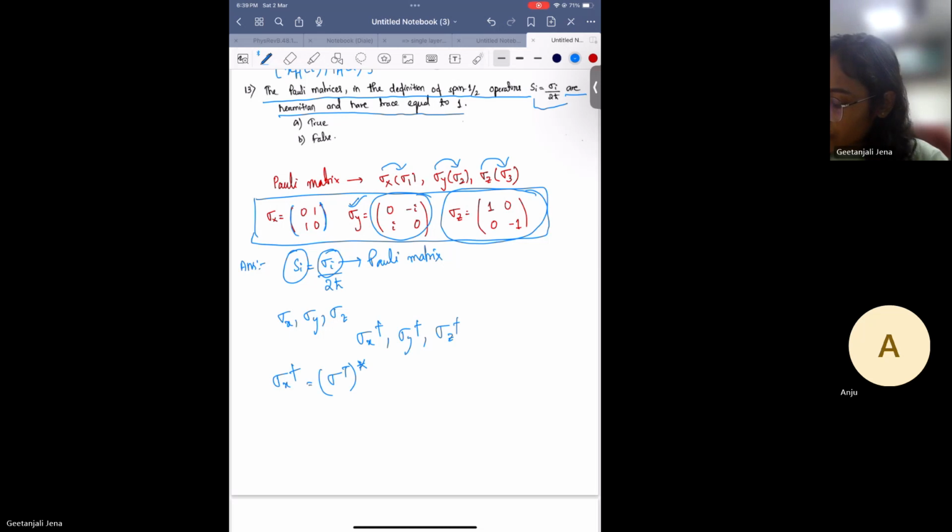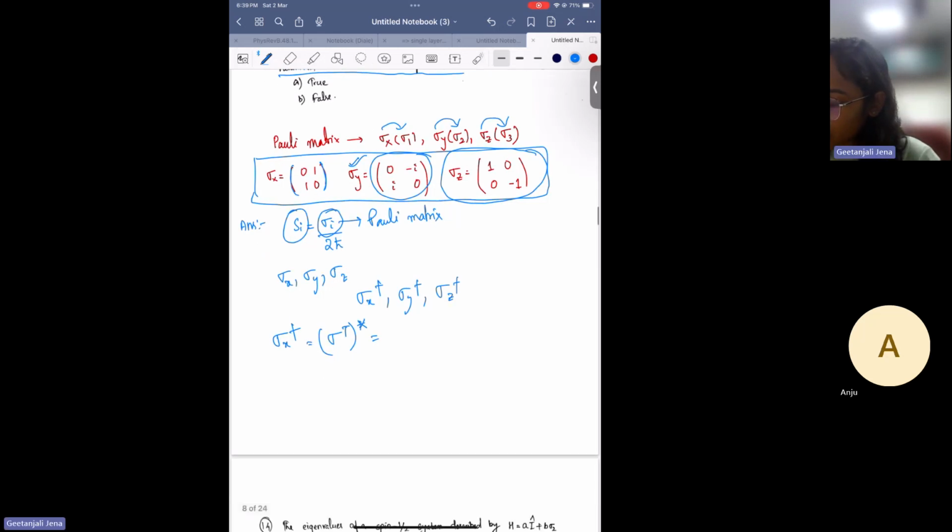So for the dagger of the sigma x matrix, if you take the transpose, it is 0, 1, 1, 0.